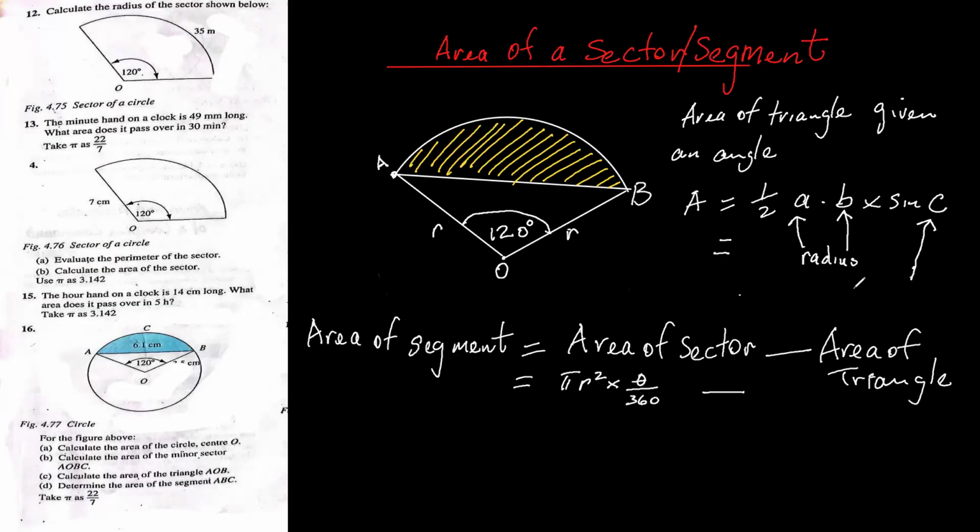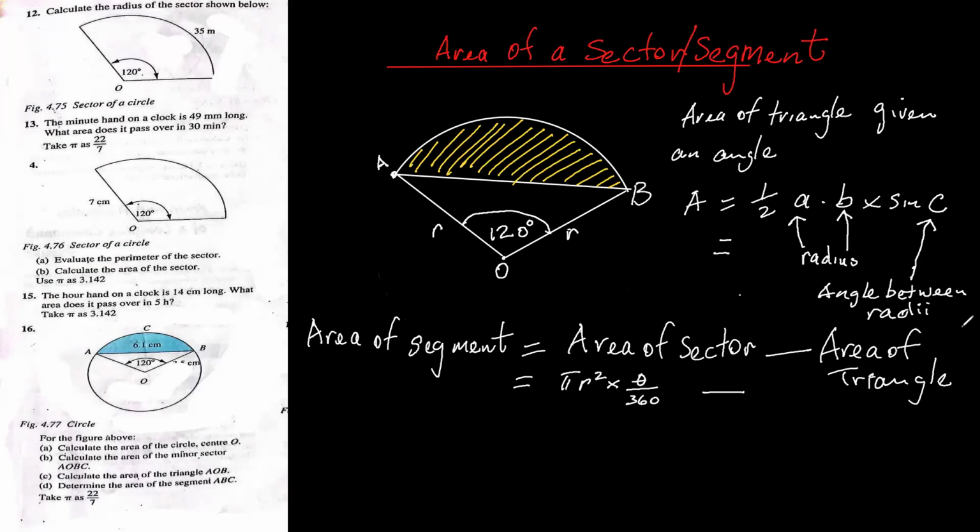Angle C represents the angle between the radii. All right.